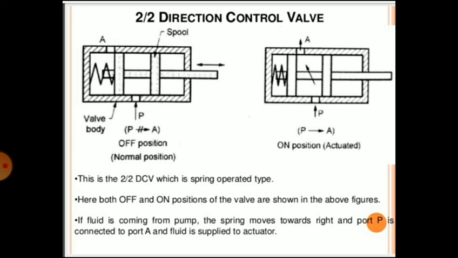If fluid is coming from the pump, the spring moves towards the right and port P is connected to port A and fluid is supplied to the actuator. You can see in the diagram the off position, the normal position, on the left hand side, and the actuated position on the right hand side.